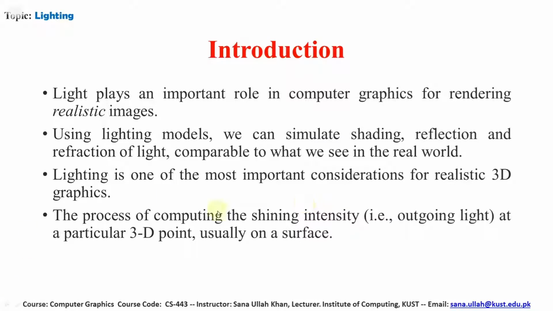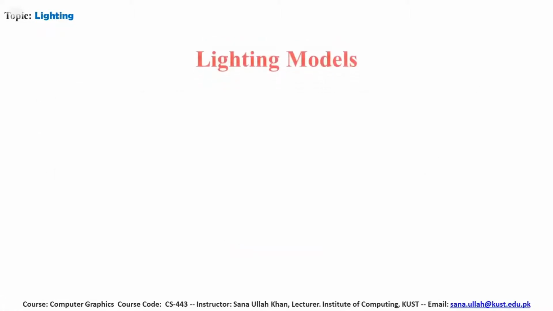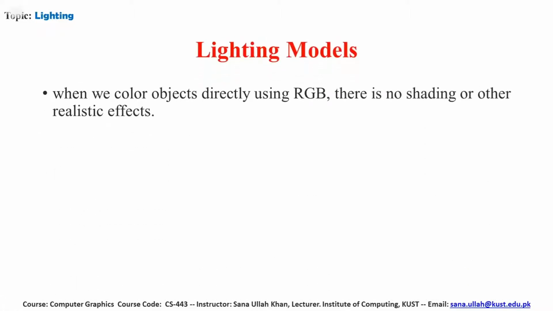The process of computing the shining intensity I of outgoing light at a particular 3D point, usually on a surface, is where lighting is important. So lighting is divided into different models, called lighting models.